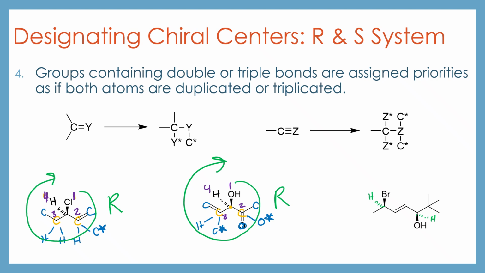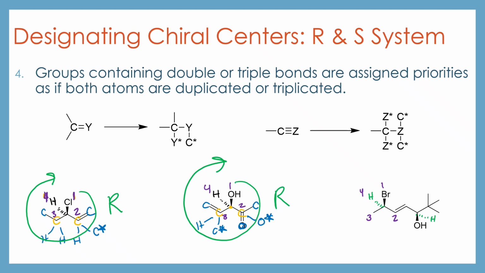So let's start with giving out our easy priorities. 4 to 1. Now, I should make you go through all the work, but I think it's pretty clear that the methyl is not going to beat this. So let's go ahead and give ourselves a little bit of a break. Methyl is going to be the next lowest priority, and then the second highest priority is going to be the other side.